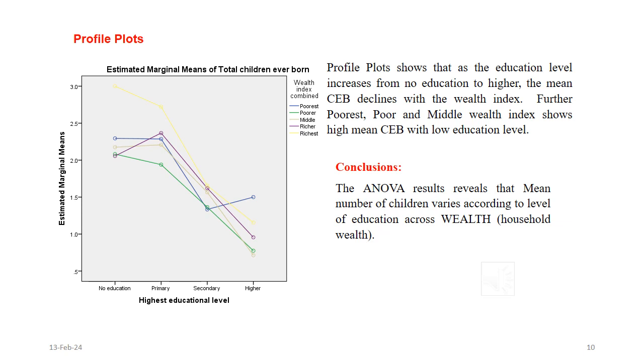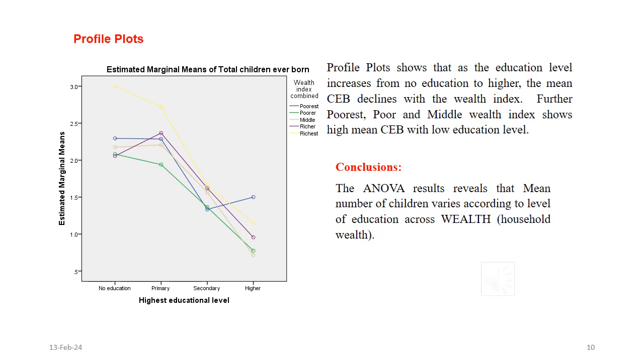Here you can see the y-axis is the estimated marginal means, and the x-axis is the highest education level, and the estimated marginal means of the total children ever born in relation with the wealth index. Here it shows clearly that the profile plot shows that as the education level increases from no education to higher education, the mean children ever born declines with the wealth index.